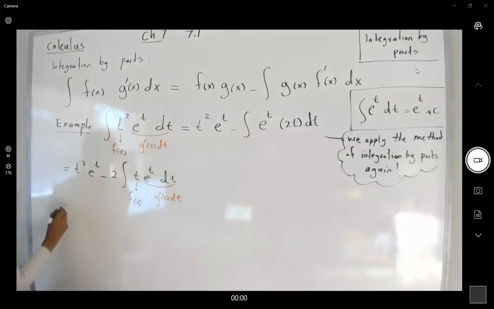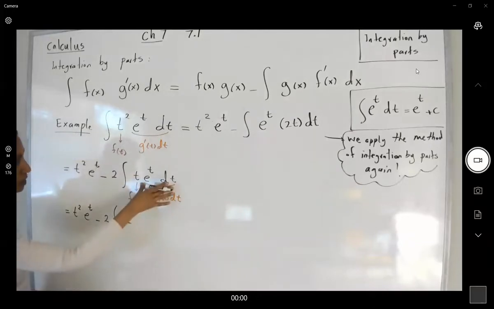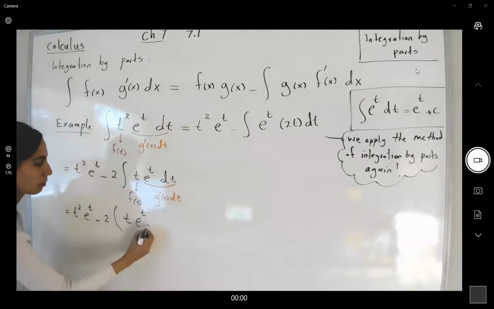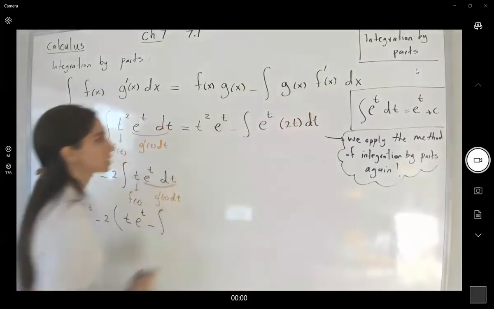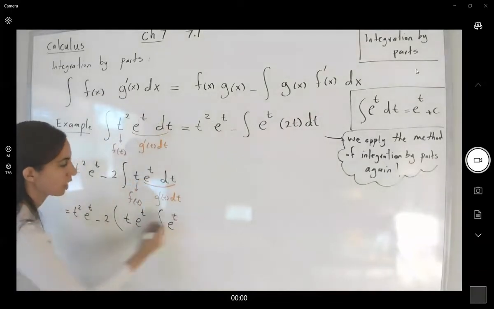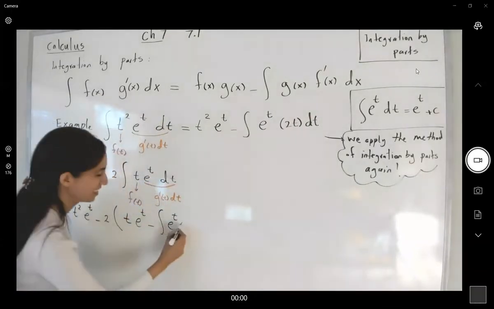So this is equal to t squared e^t minus 2 parentheses f g. So I have t times the antiderivative of e^t, which is e^t, minus the integral of g times f prime. So g is just e^t, and f prime, the derivative of t, is just 1.